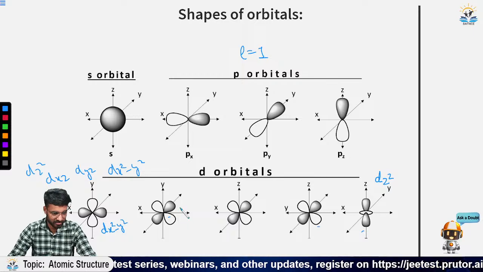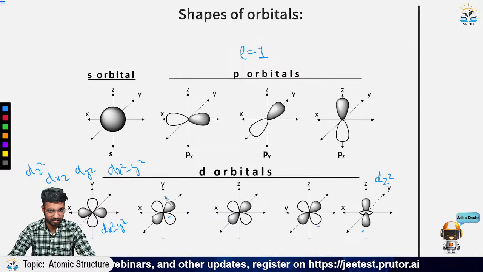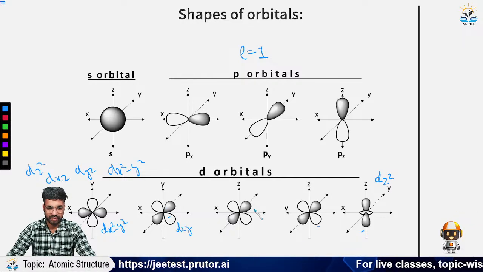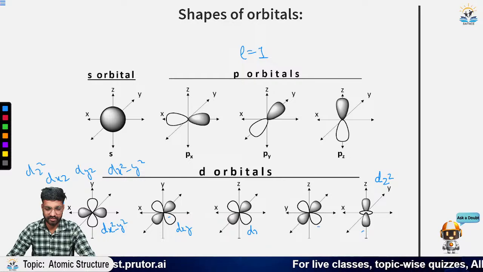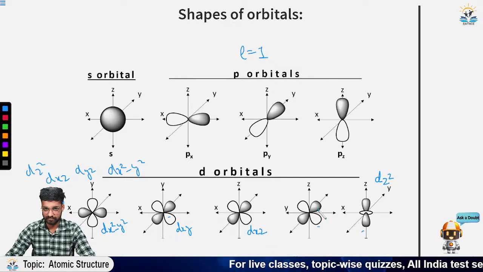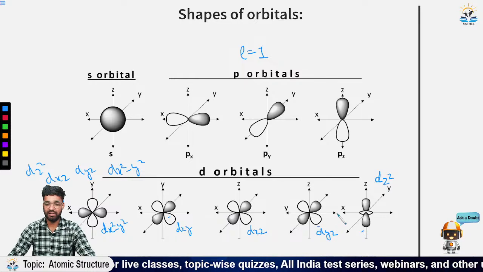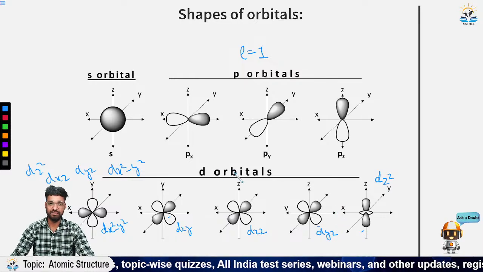Now it is in the xy plane, so it will be dxy. It is in the xz plane, so it will be dxz. And this is dyz.